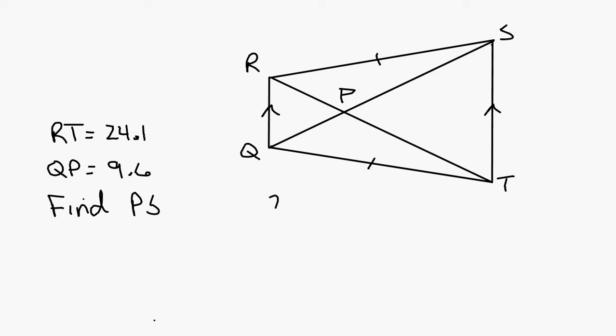So if you take the 24.1 and subtract the piece QP, which is 9.6, what are you left with? 24.1 minus 9.6 is 14.5. So PS equals 14.5. Get the idea?